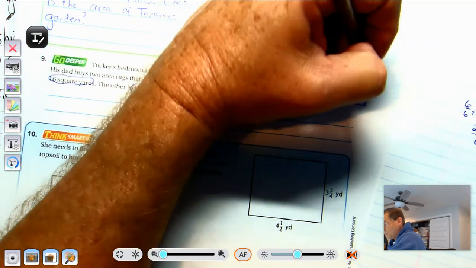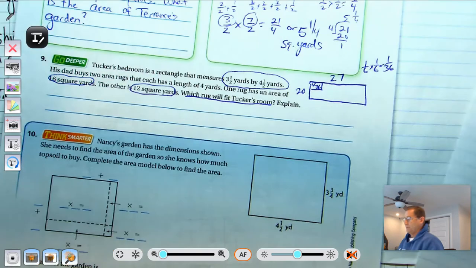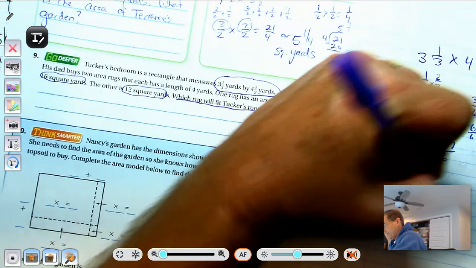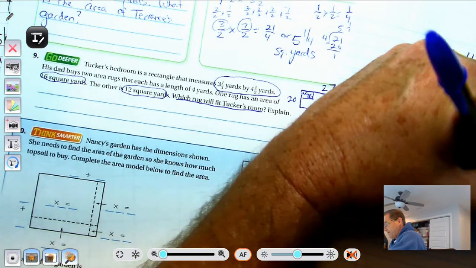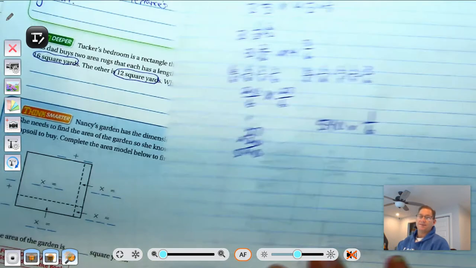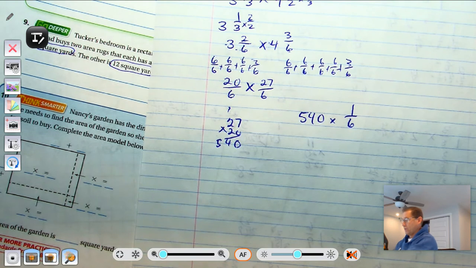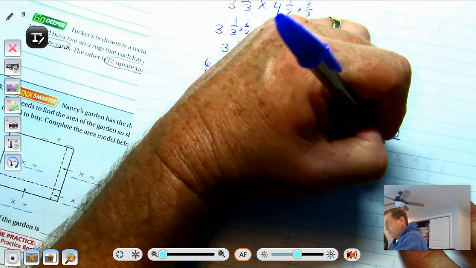Okay, because 1/6 times 1/6. All right, so now what do we have? We have 27 times 20. We have 540 1/6 pieces. So we have 540 over 6.